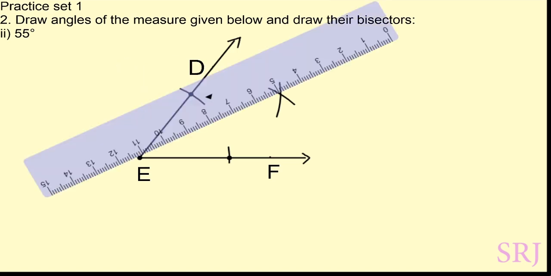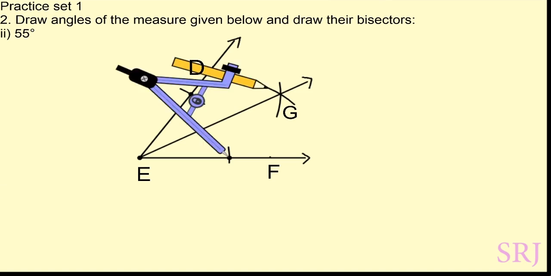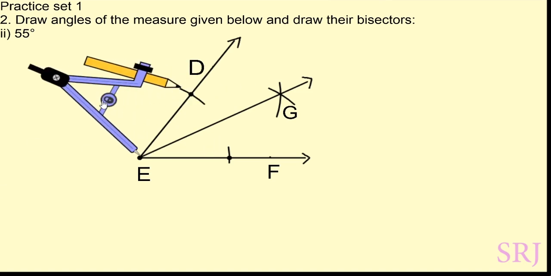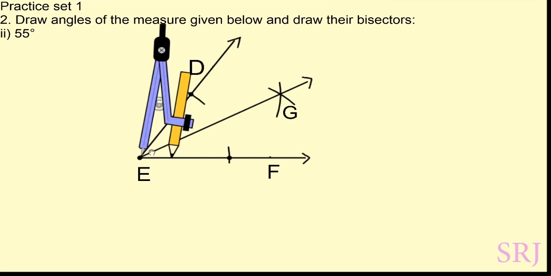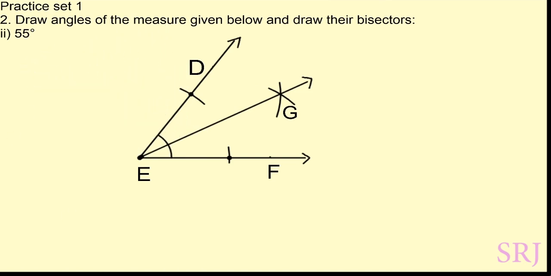Use a scale to draw the angle bisector. Draw an arrow at the end of the angle bisector. Name the intersection point as G. Therefore, the measure of angle DEF is 55 degree. Ray EG is the bisector of angle DEF.